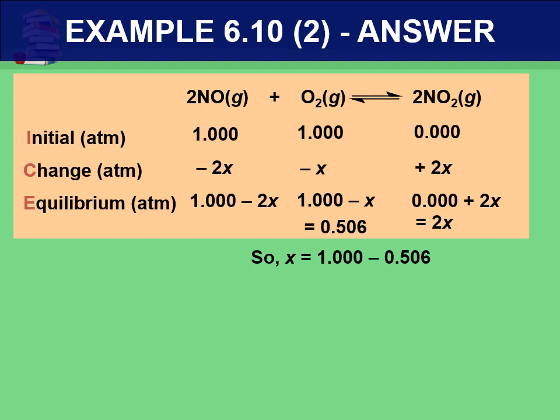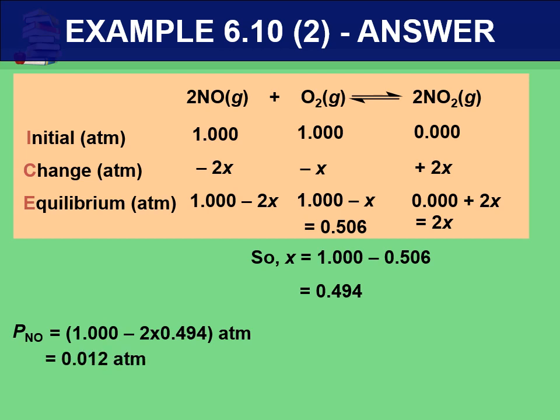So we can find x. 1 minus 0.506 is 0.494. In that case, we're going to use this x to find the partial pressure of NO. So 1 minus 2x, we substitute x, we got 0.012 atm.